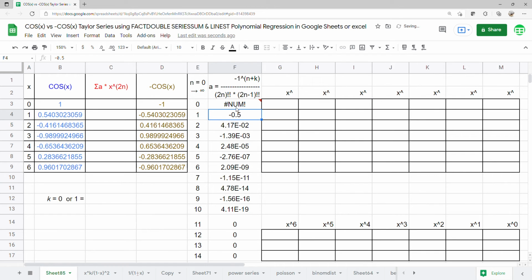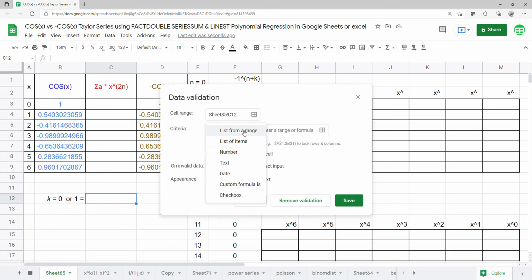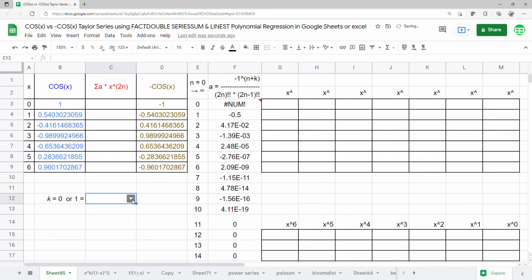And we correct this error, where the value of k is data validation, list of items 0 or 1. And save. We correct this error.